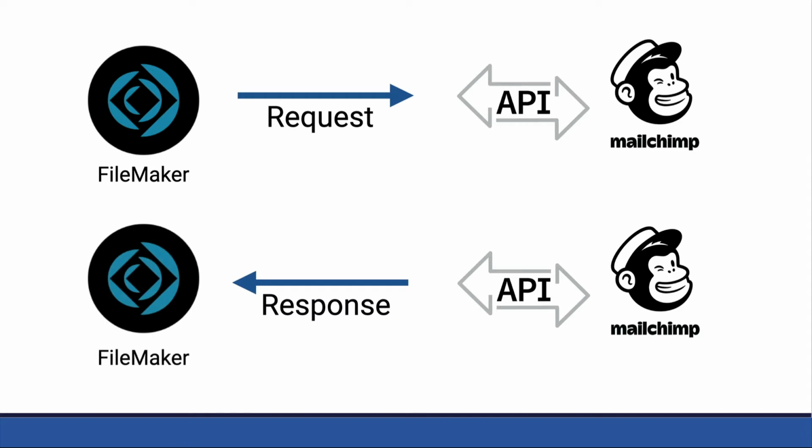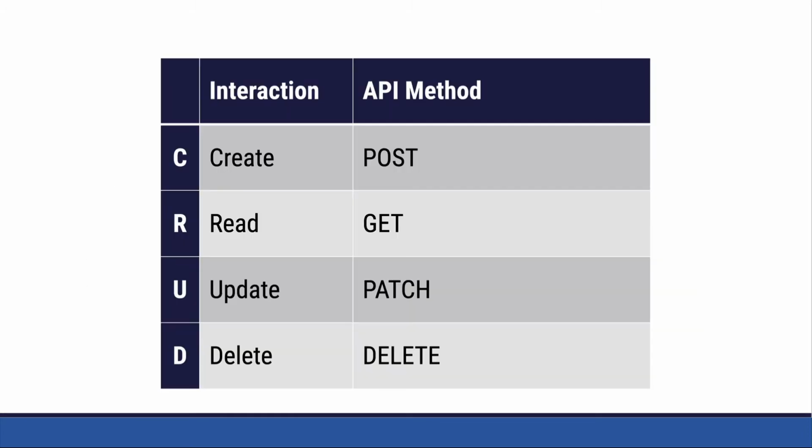That will then end up coming back to you in FileMaker, where then you can process that data using more script steps and creating records or editing records in FileMaker, any number of things. But essentially, everything works as a request and then a response, a request and then a response, over and over again until you integrate it in the exact specification that you need to.